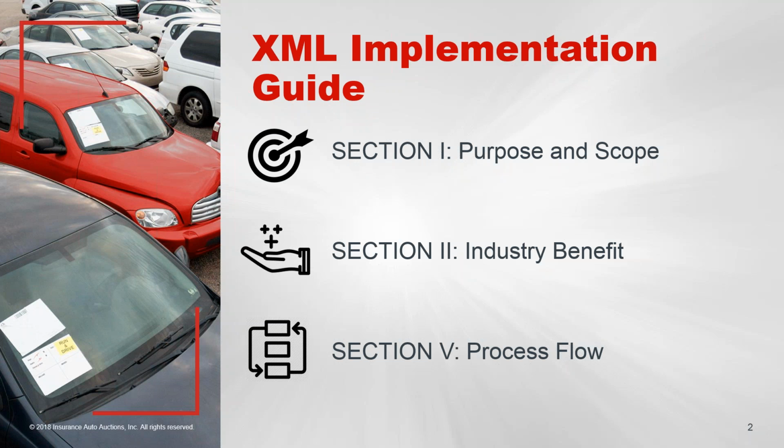The next major section of this is the process flow. The process flow for the CIECA implementation guide for salvage is a 15-page process flow that was put together by the committee. It shows 63 data handoff points where data can be handed off for CIECA messages exchange.